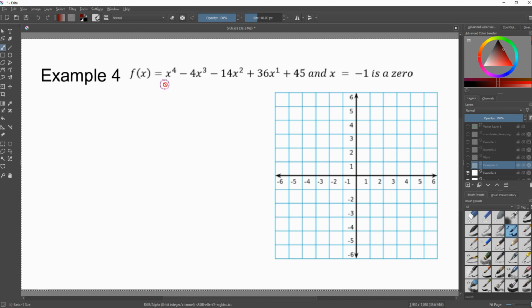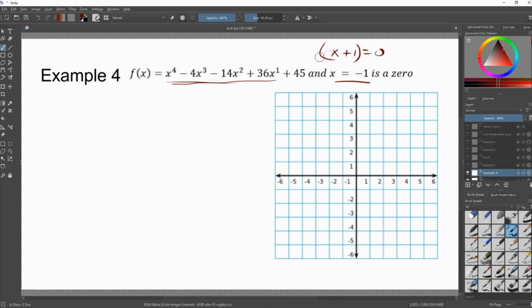All right, so we'll do one last one. Here they give you the function, and they give you a 0. Again, with that 0, it's just saying that x plus 1 is equal to 0. So x is equal to -1. That's all it's saying. And so what times this gives you this?